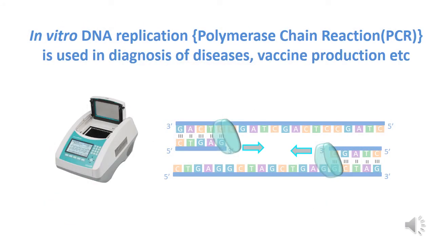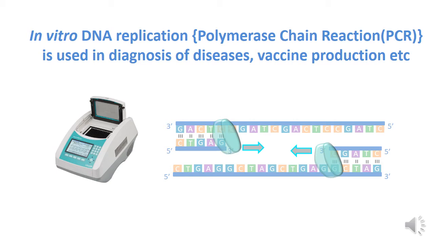Now, let's look at another reason for learning about DNA replication. Do you know what's the most famous test that is performed on us today? That is the PCR test for diagnosis of COVID-19 infections. And that is nothing but DNA replication outside the body.